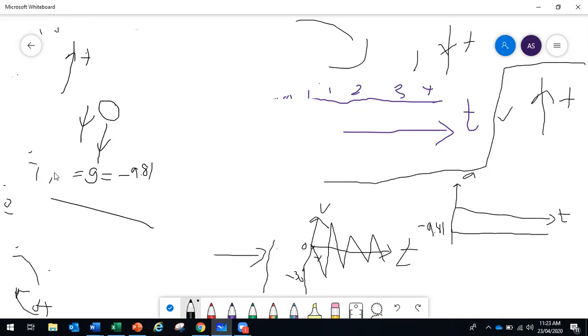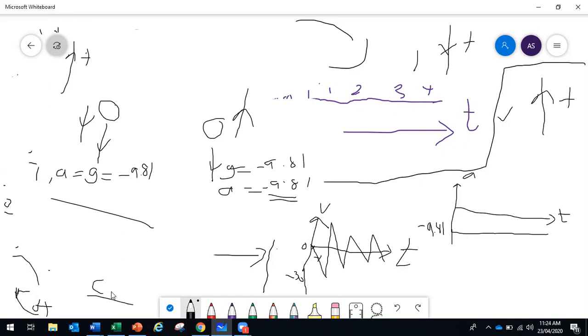When the object is going up, where is the gravity acting? Gravity is still down, so A is still negative 9.81.